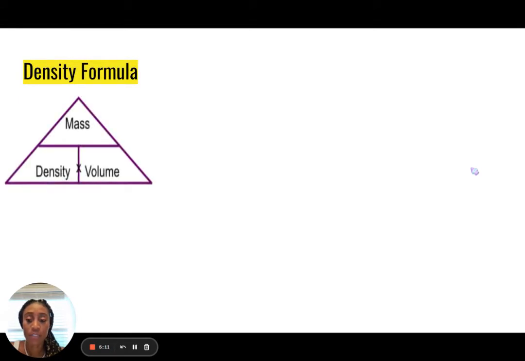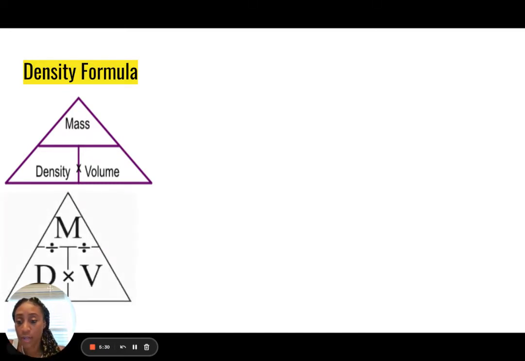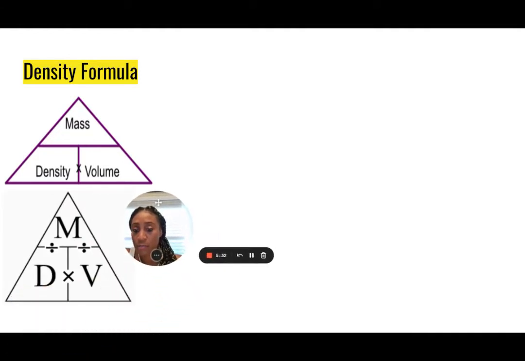Now, let's continue with this formula. If you look here, we have a triangle. I use this as a trick, or as a way, to help me calculate density, mass, and volume, right? You can calculate anything using your triangle. And here we have the symbols for mass, density, and volume. As you see here, you have the division sign and a multiplication sign. Let's look at the examples now.